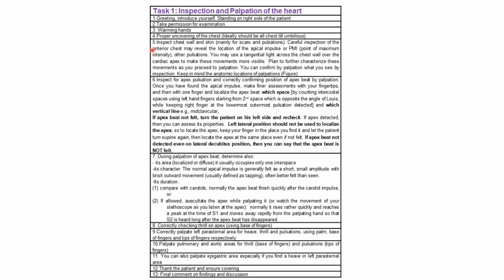So first we have to inspect the skin itself, as you may have taken in the chest pulmonology, like look for scars, look for hair distribution, look for prominent veins, movement of the chest, and of course pulsations. Pulsations are important for the heart. So we inspect the chest for any pulsation.